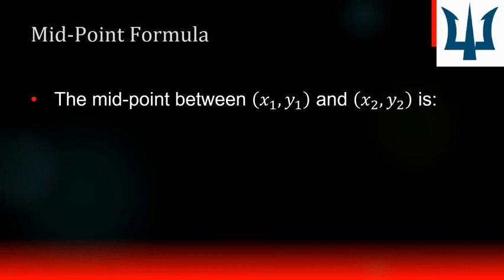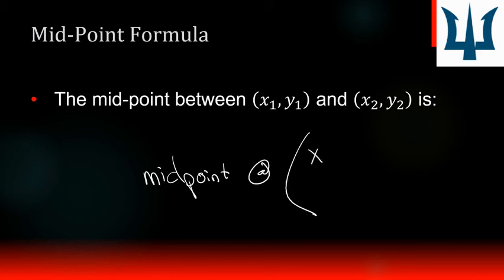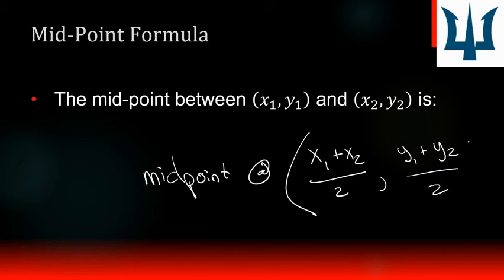So in order to find the midpoint, I just average my x's and I average my y's. So the midpoint is at (x1 plus x2 divided by 2, y1 plus y2 divided by 2). That's all we have to do for the midpoint formula.